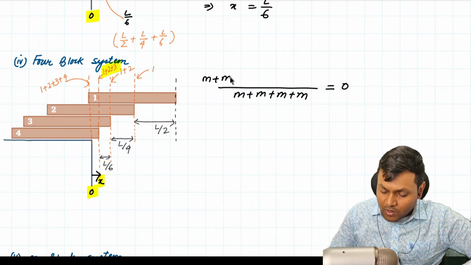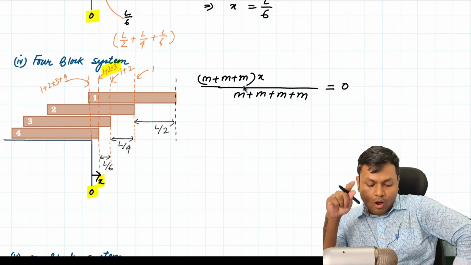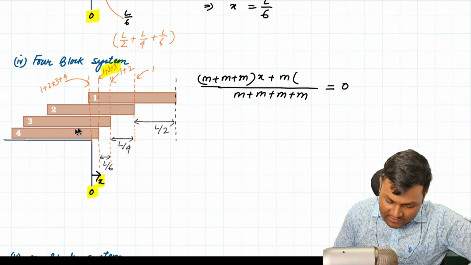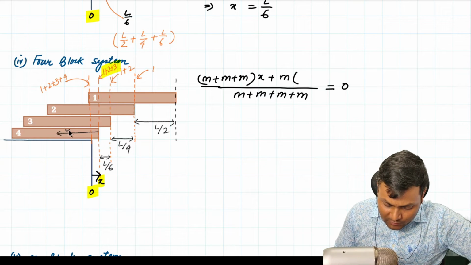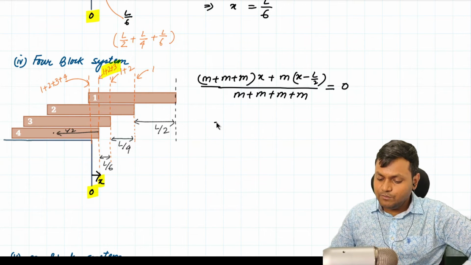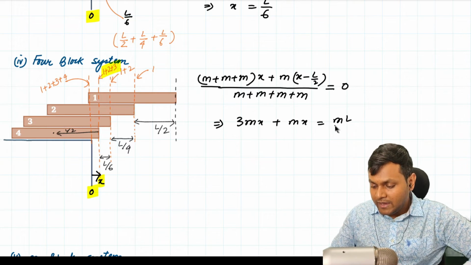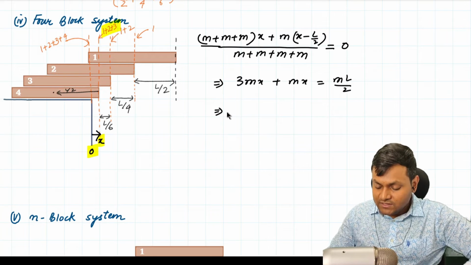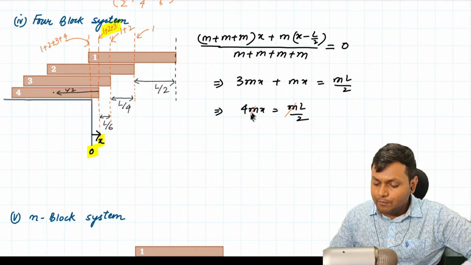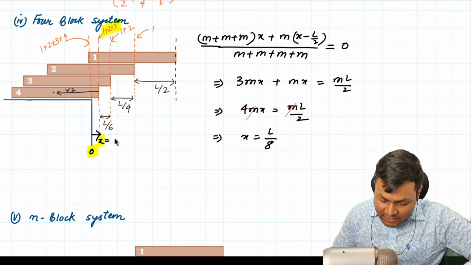So mass 1, 2, and 3 combined has a center of mass at x, and the remaining block 4 has a center of mass at x minus L by 2. Let's suppose the L by 2 is here, the center of mass of block 4 is here. So this is nothing but x minus L by 2. This simply gives us that 3mx plus mx is equal to mL upon 2, which gives the condition that 4mx is equal to mL upon 2, where m gets cancelled, and we are left with x equal to L upon 8.